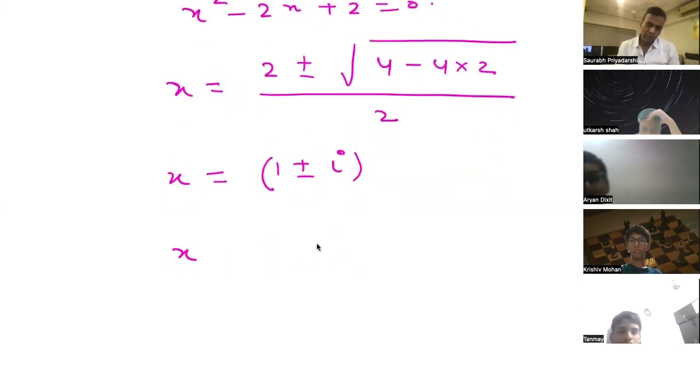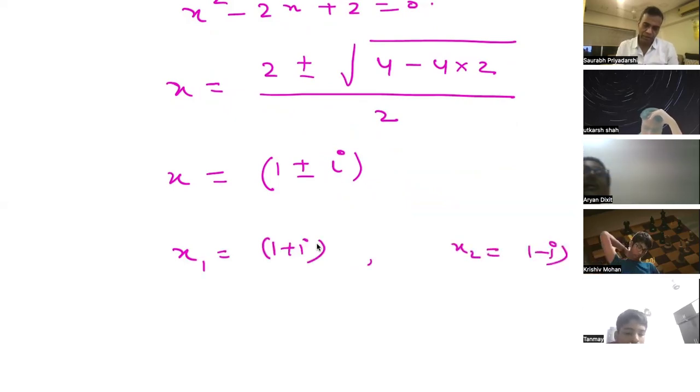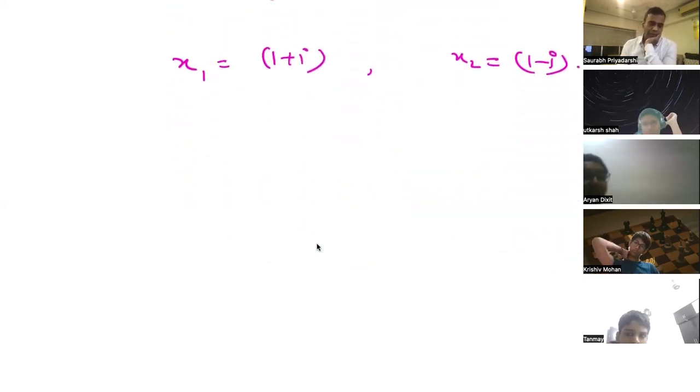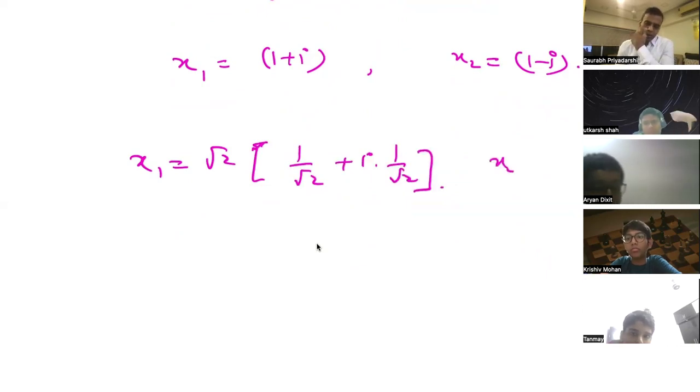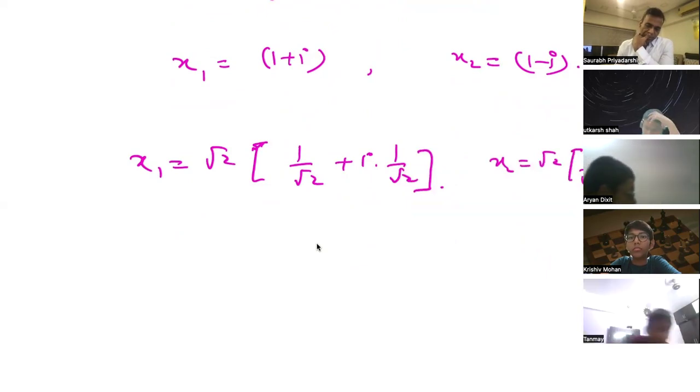So this 1 plus minus i: one number x1 is 1 plus i, or x2 is 1 minus i. See this carefully, everyone. This x1 I can write as root 2 times (1 by root 2 plus i into 1 by root 2), and x2 as root 2 times (1 by root 2 minus i by root 2).